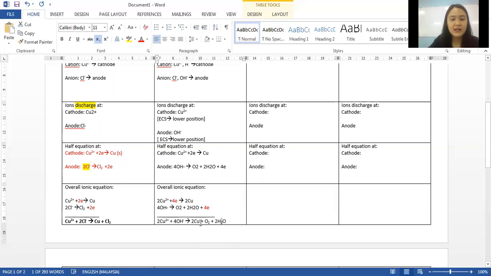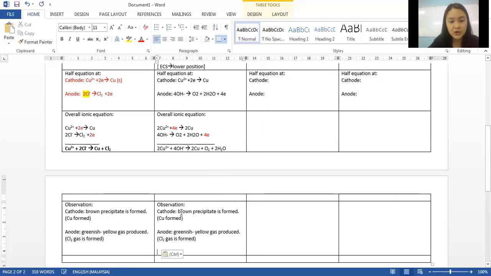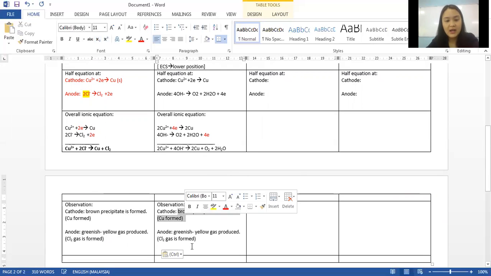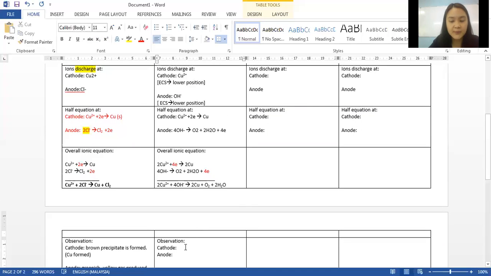Can you understand? So now we look into the observation. Just like I've mentioned, in electrolysis you will have a minimum of 2 observations, one at cathode, one at anode, and sometimes your solution will also give you some observation. So how do I answer my observation? I will ask myself, what happened at cathode and what happened at anode?